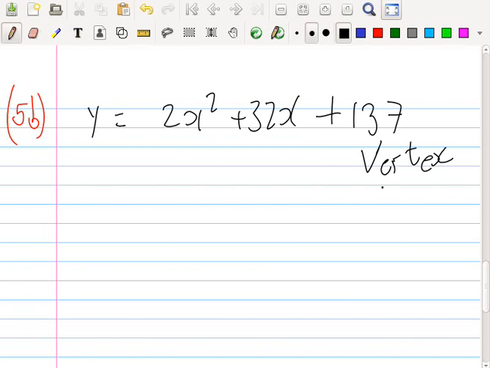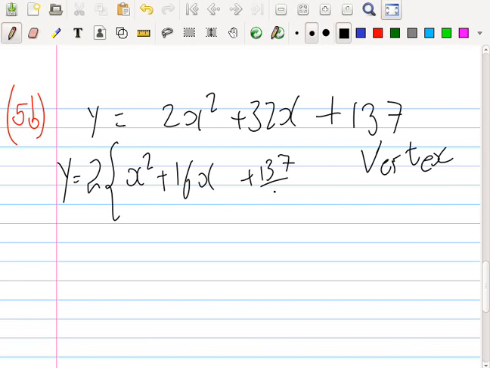So, this suggests I should use completing the square. What do I do first here? I take out my 2. So I have x squared plus 16x plus 137 over 2. Now, what does my a equal here? 8.